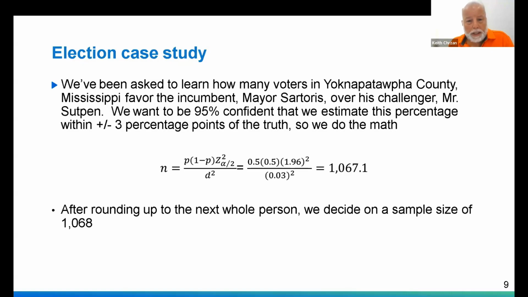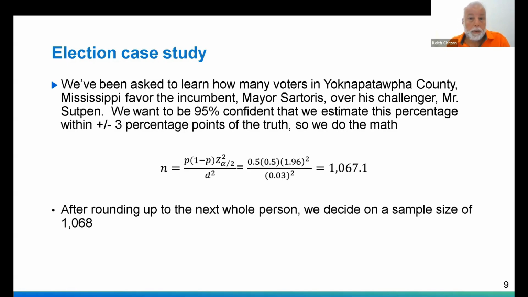If we want our confidence interval width to be 0.03, we put that there in the denominator, we square things, we do the math appropriately, and it tells us that we want 1,067.1 respondents. We round that up to the next whole person because we can't interview a tenth of a person, and we get a sample size of 1,068.